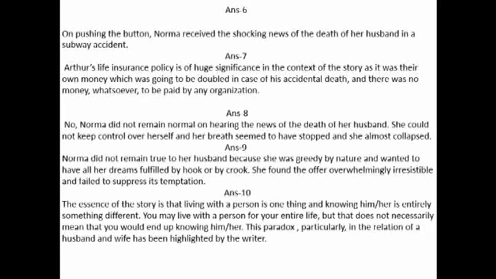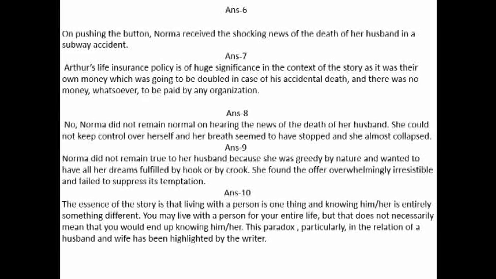Question number 9 is again a very, very important question, repeated many times in the previous exams, so you need to focus on it. The statement of the question is, why did not Norma remain true to her husband? I repeat, why did not Norma remain true to her husband?